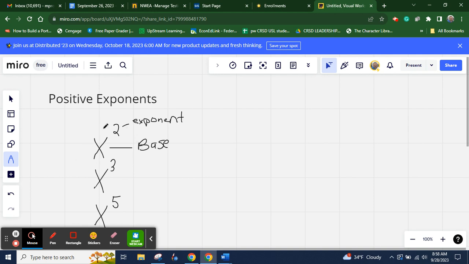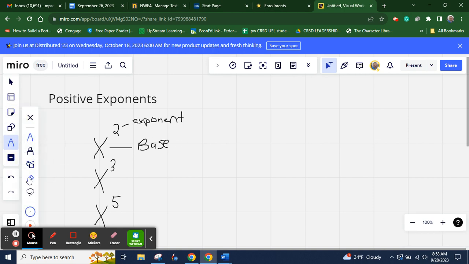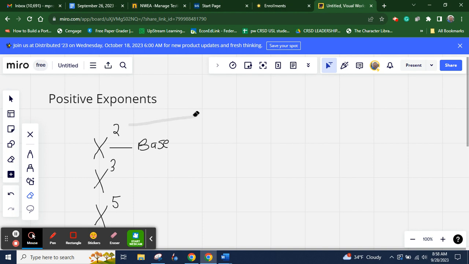What this means is when you see x to the second, x to the third, x to the fifth, that you take this thing and you multiply it by itself this many times. So I'm going to erase this really quick. Okay, so if I see this, this means x 2 times, so it's x times x.